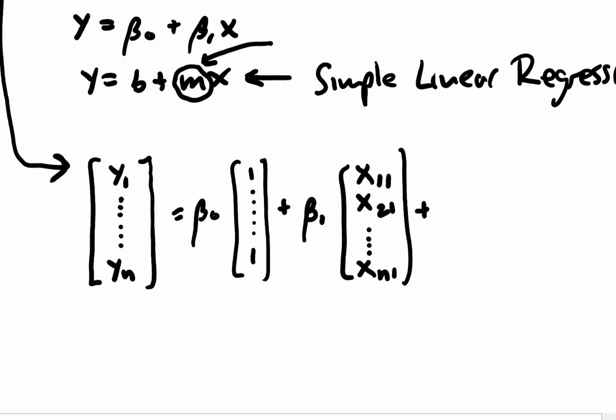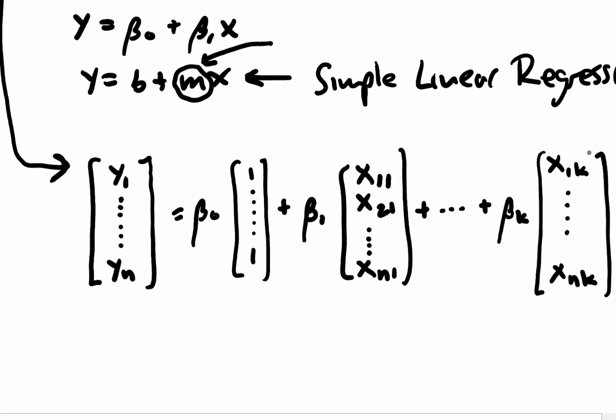Plus dot dot dot, plus beta k, where k represents the number of features that we have. And then this is going to be x1k down to xnk.